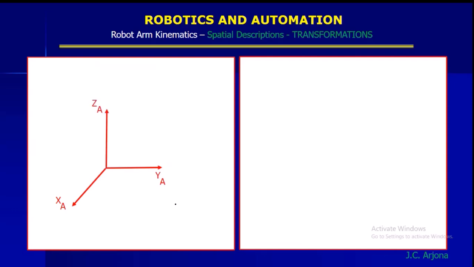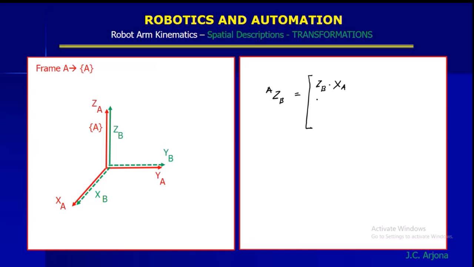The same frame again, but this time we determine the rotation for ZB. So ZB to A is equal to, bring the dot product: ZB dot XA, ZB dot YA, and ZB dot ZA.